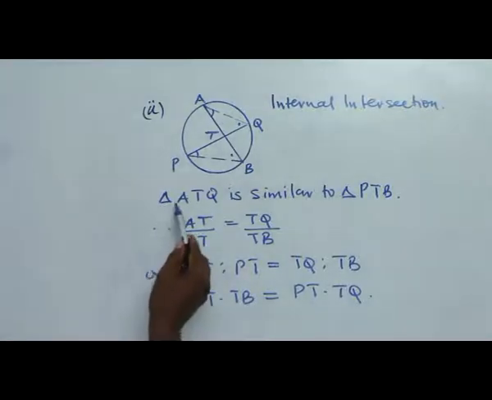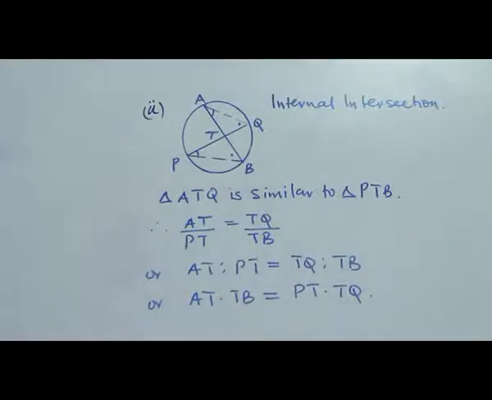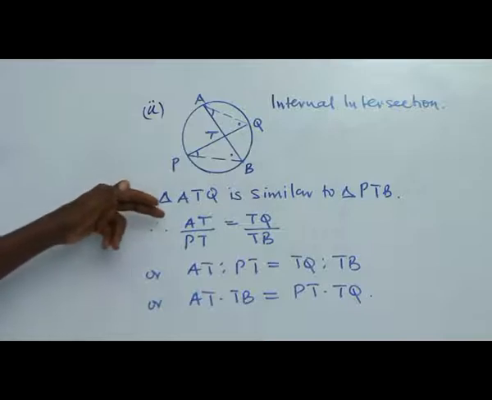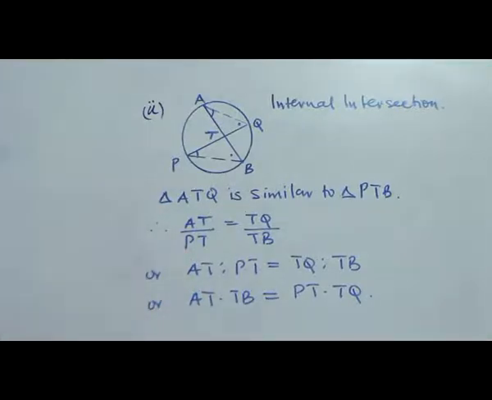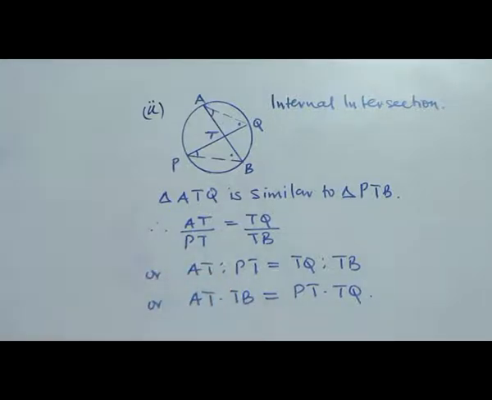Hence, the triangle ATQ is similar to triangle PTB. In such a case, the ratio of their corresponding sides, in this case AT over PT, is equal to TQ over TB. And of course we know that AQ all over PB is also a ratio of their corresponding sides.